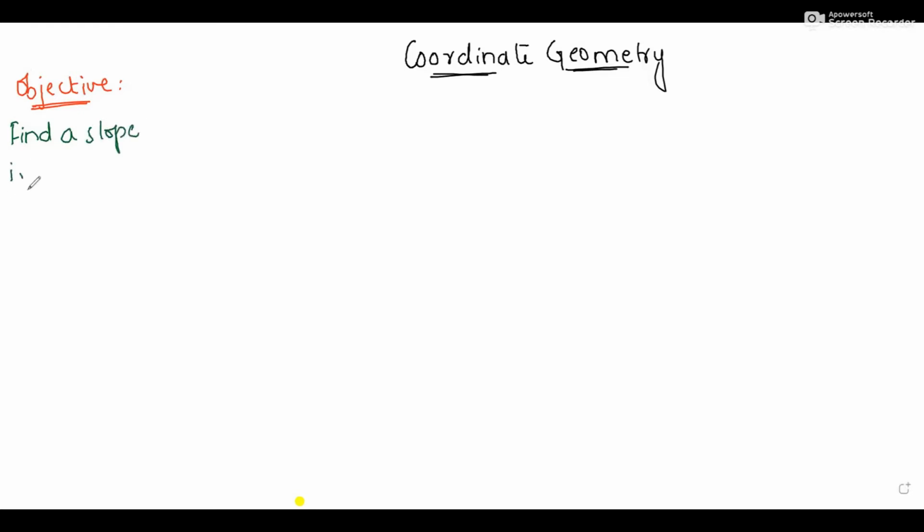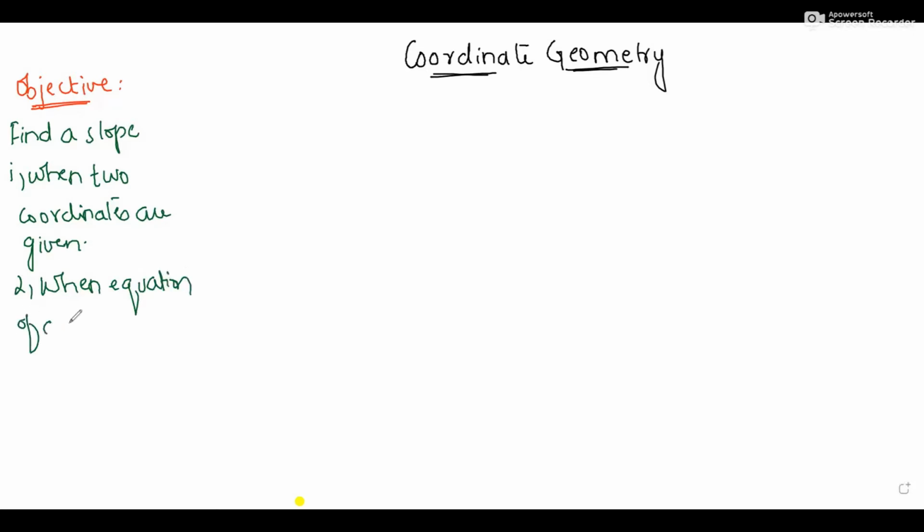Point number one, when two coordinates are provided to you. Similarly, point number two, when the equation of a line is provided, you have to find the slope.